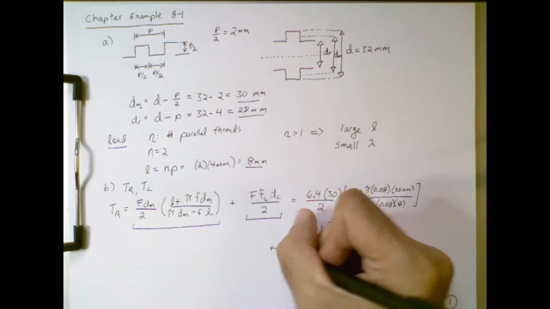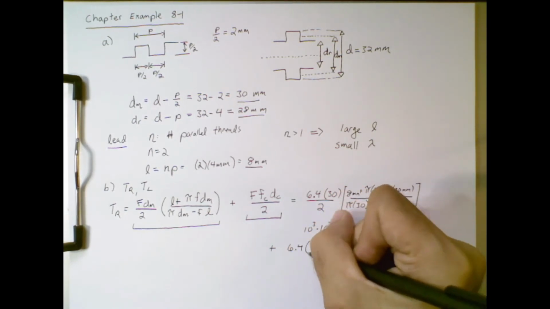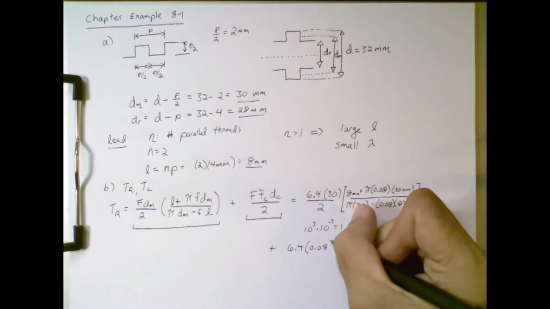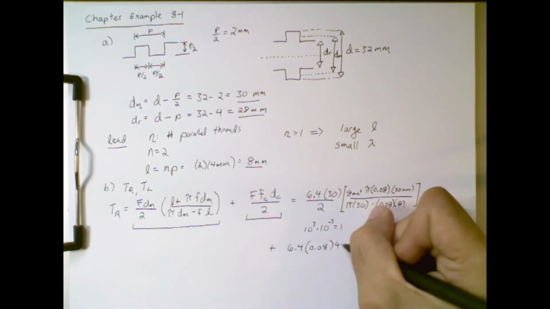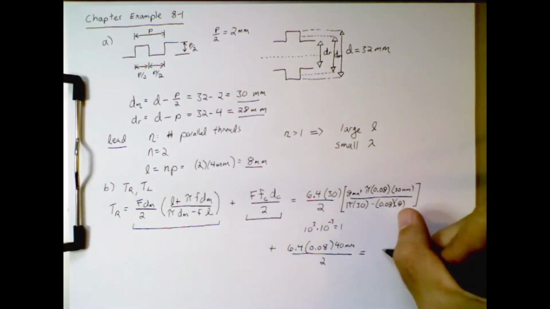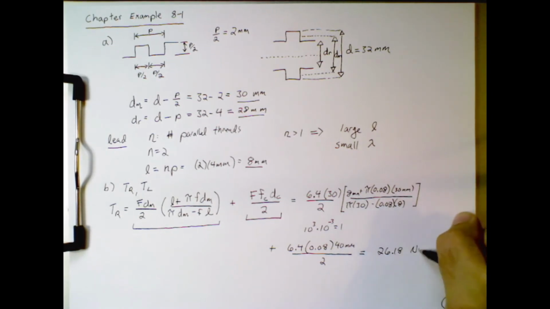Let's add the second term, 6.4 kilonewtons times the collar friction, which is the same as the thread friction, times 40 millimeters, all divided by 2. We calculate that out, and we obtain 26.18 Newton meters. That was the torque required to raise the load.